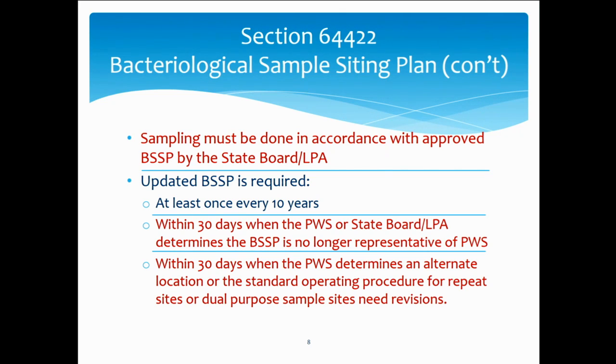It has to be updated at least once every 10 years. It has to be updated within 30 days of when you, the public water system, or we, the state board or LPA, determine it's no longer representative of your distribution system. We'll talk about this when we get to repeat samples, but if the alternative you have proposed to set sampling sites is no longer representative.